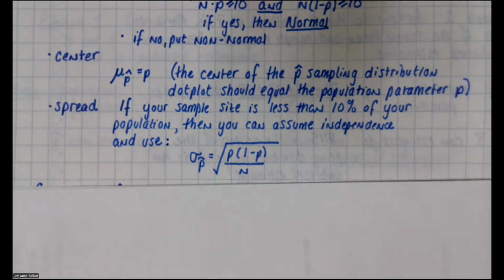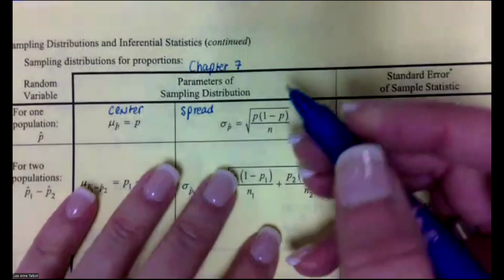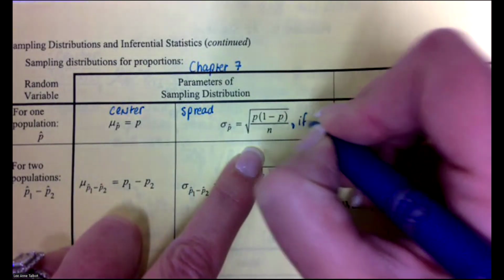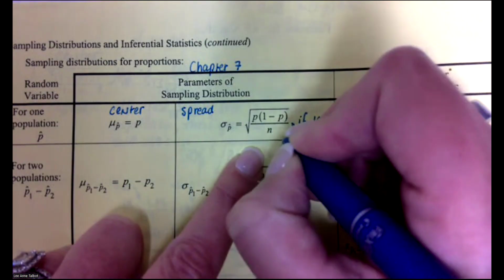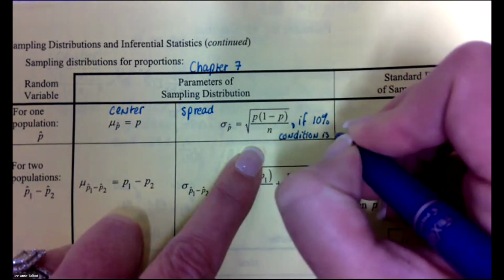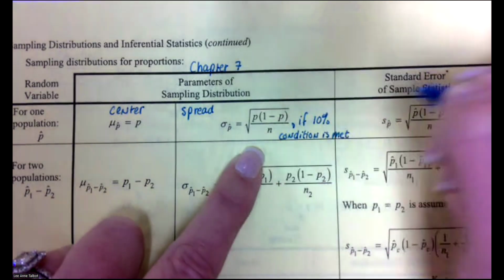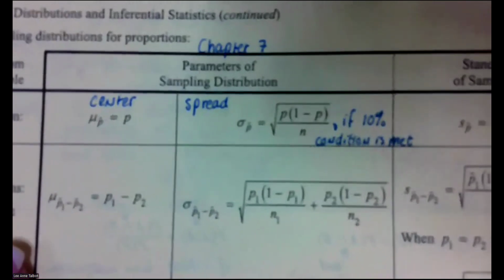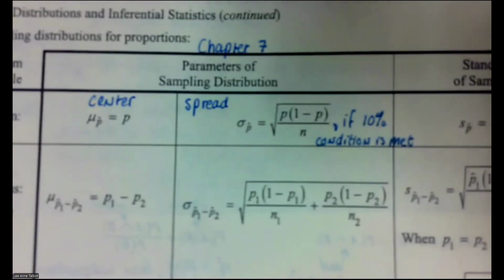Okay, what I want you to do is take your yellow sheet, go to this box and put comma, if 10% condition is met.